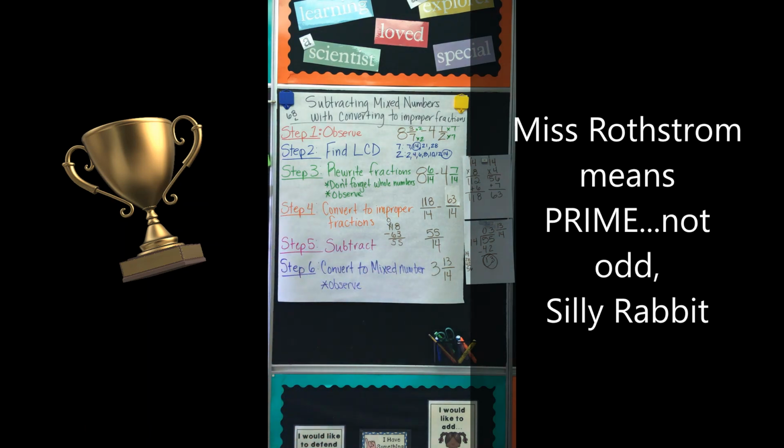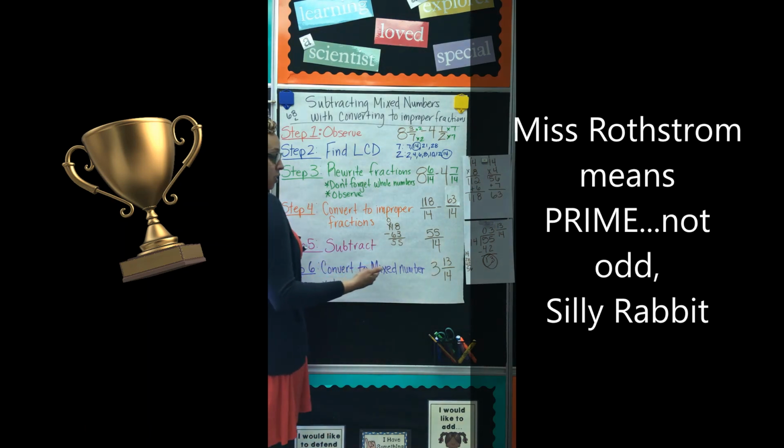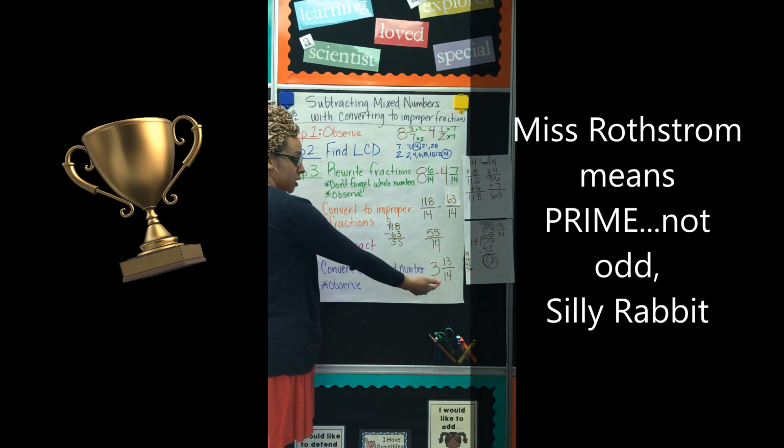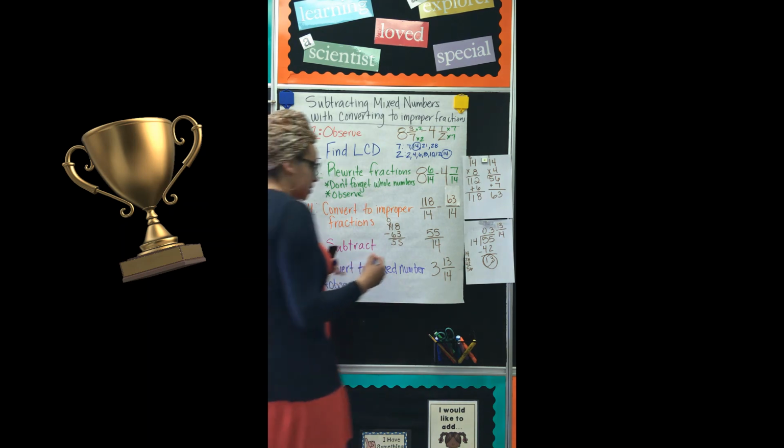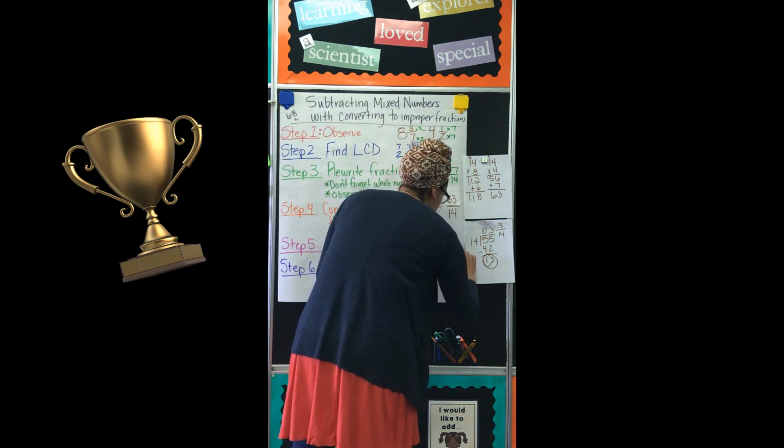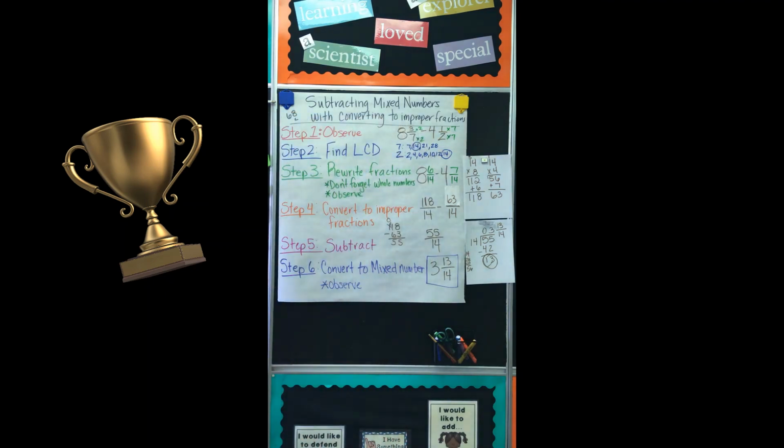Well, because it's odd, it means its factors are only 1 and 13. Well, 1 goes into 14, but does 13 go into 14? So 3 and 13/14 is our championship answer, which means that is the end of our whole process. So there are 6 steps for us to do when we are converting to improper fractions.